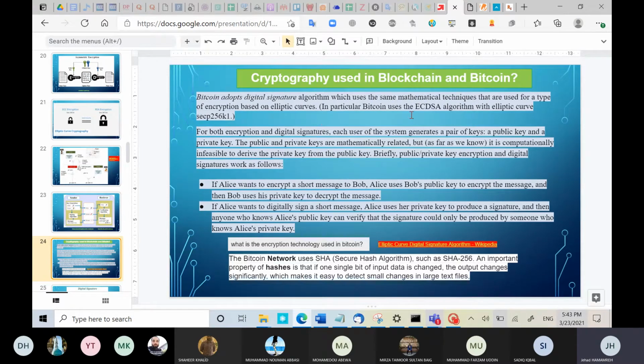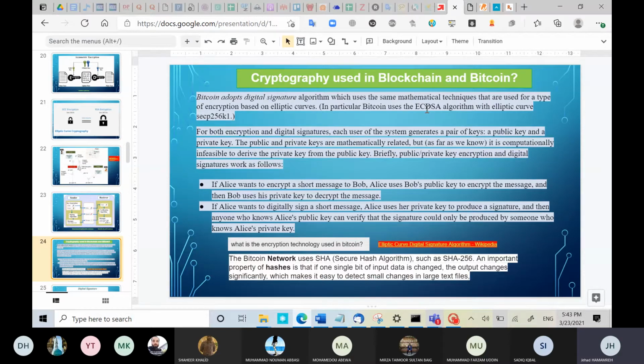And the name of the algorithm in this case, since it combines both asymmetric public key encryption and digital signature, becomes ECDSA, elliptic curve digital signature algorithm, with elliptic curve, and this is the type of the elliptic curve.